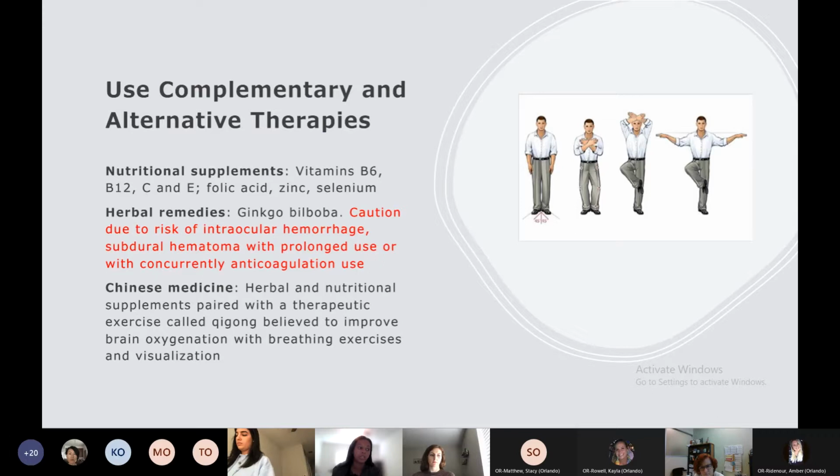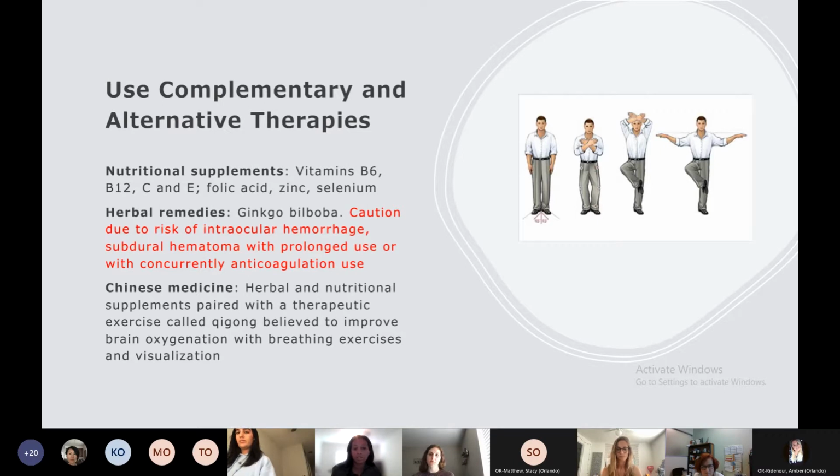Some of these are known to improve memory, circulation, and oxygenation, and that can help slow down dementia. And then there's the herbal remedy, ginkgo biloba. That's known to help improve memory, circulation, and mental functions. And it's been proven in some clinical trials that it does have benefit.